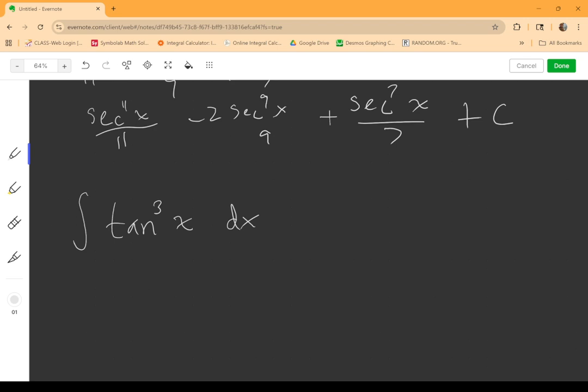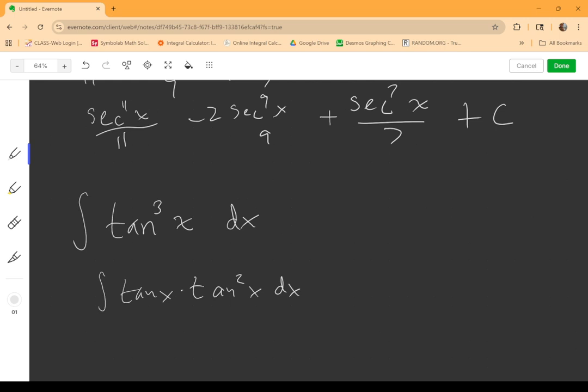So the techniques that I used in the previous two problems do not directly lead us to necessarily a power integral. So what I am going to do is split off a tangent squared, so I'll have tangent of x times tangent squared x dx.